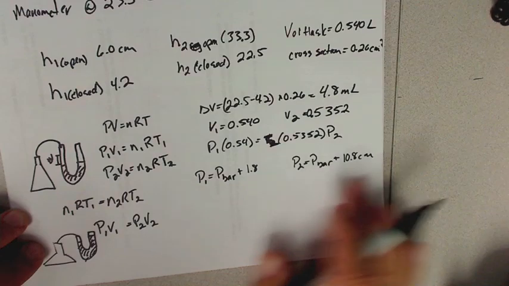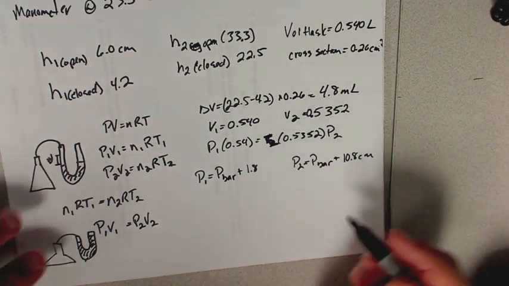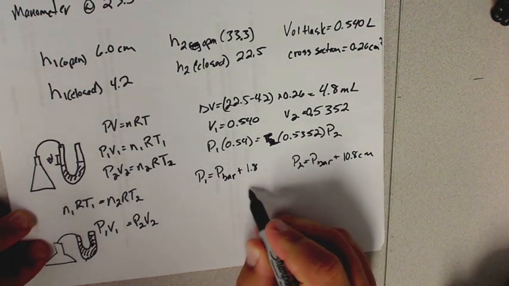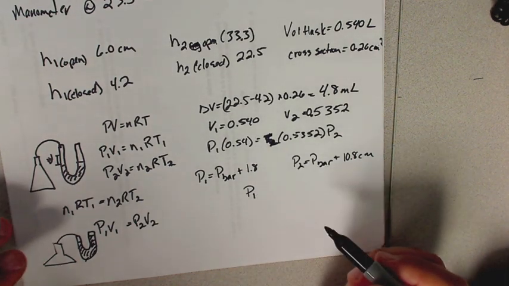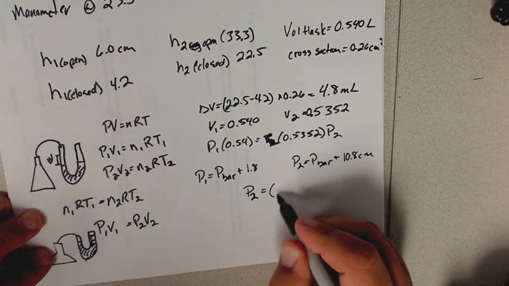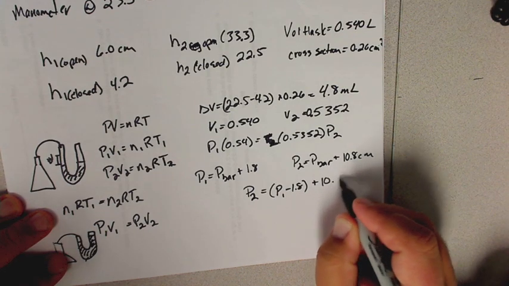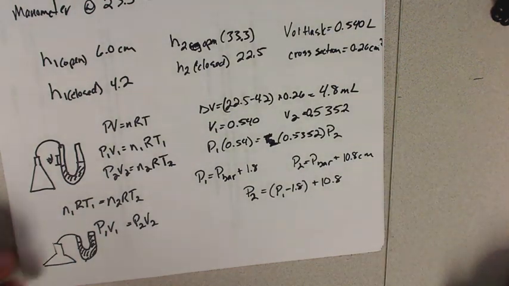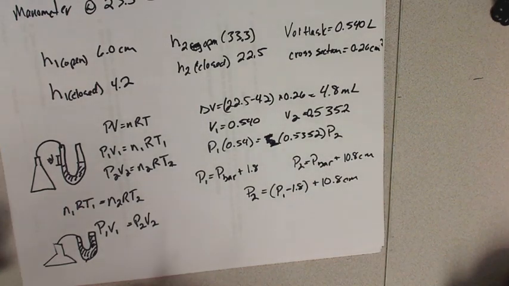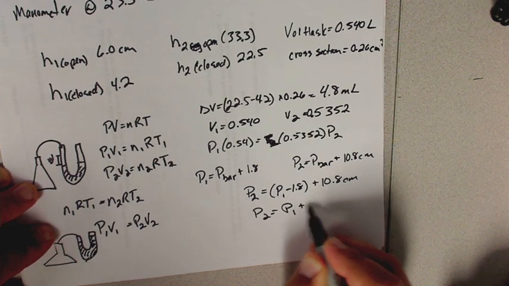The way they do it in the book is they say, if I want to express P2 in terms of P1, we know that P bar is the same, so P2 equals P1 minus 1.8 plus 10.8 centimeters. All I've done is solve for P bar, then substitute that in. So P2 is equal to P1 plus 9.0.